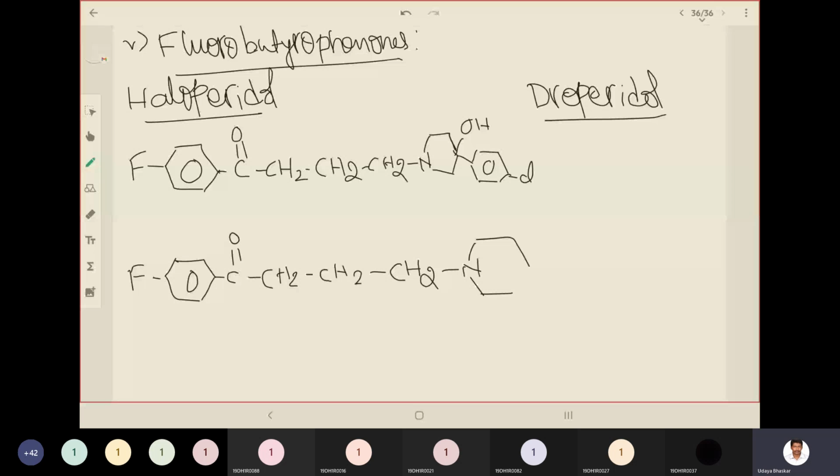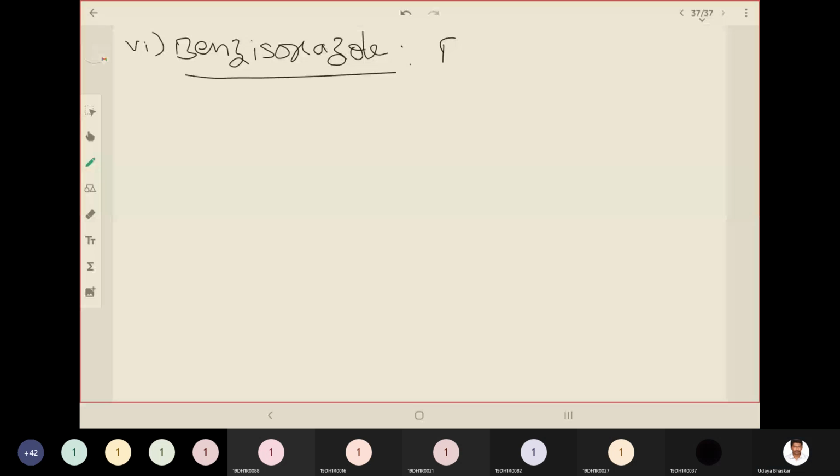The example for benzisoxazole is risperidone. So observe the structure of risperidone.